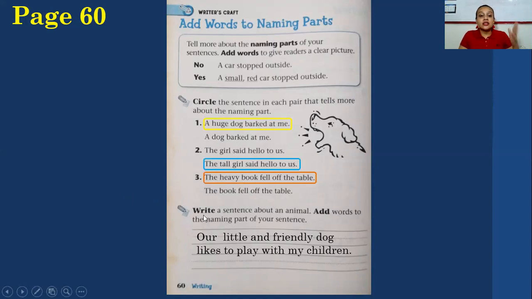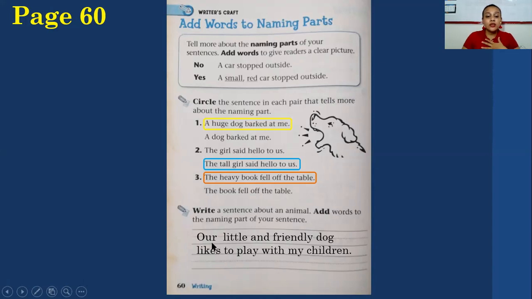And in exercise B, write a sentence about an animal and add words to the naming part of your sentence. I already wrote a sentence here, and you can write your own sentence too. Our little and friendly dog likes to play with my children.